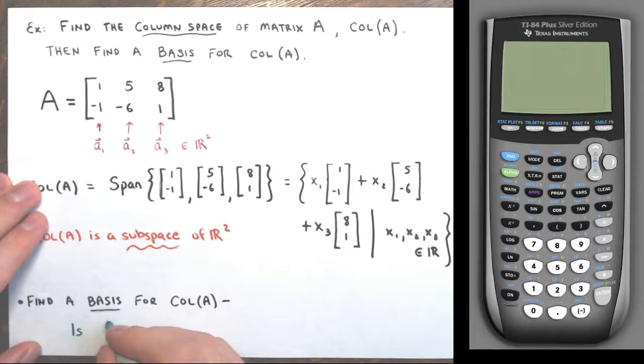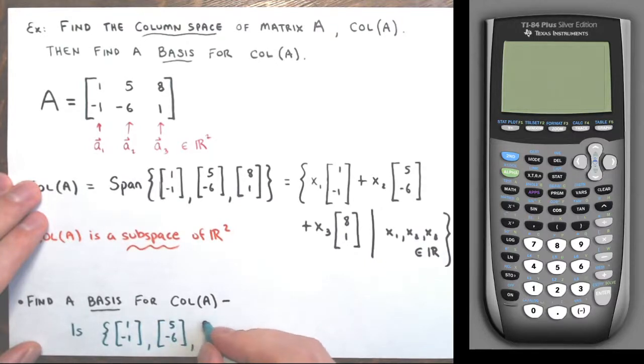So how about this set with 1, -1, 5, -6, and 8, 1 here, is this a basis for the column space of A?